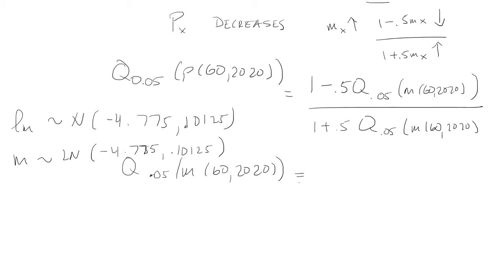If we're looking at the 5th percentile, we're going to have e raised to negative 4.775 minus, because we're looking at the z, so we're looking at e to the mu plus z times sigma. The 5th percentile gives us z of 1.645. Sorry, this is going to be sigma, not sigma squared, and then it's the square root of 0.10125.